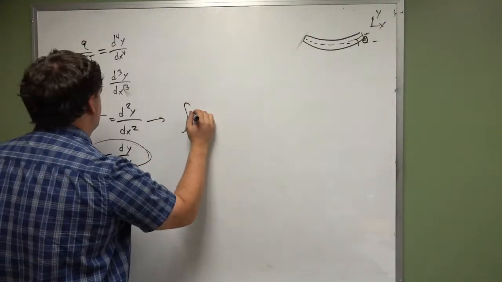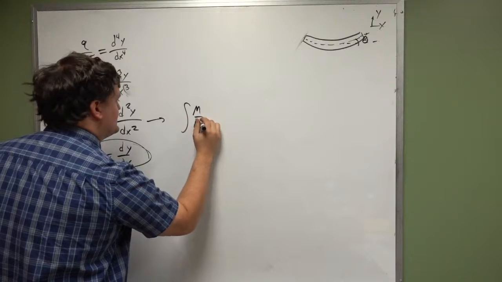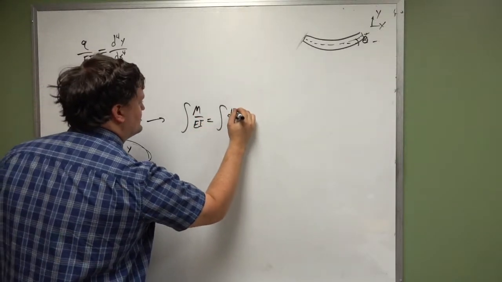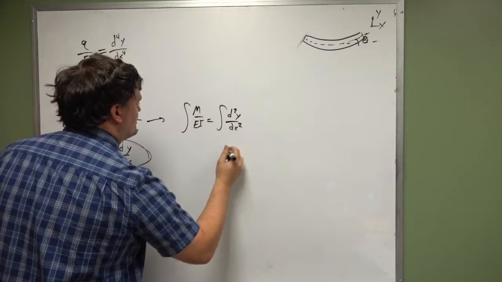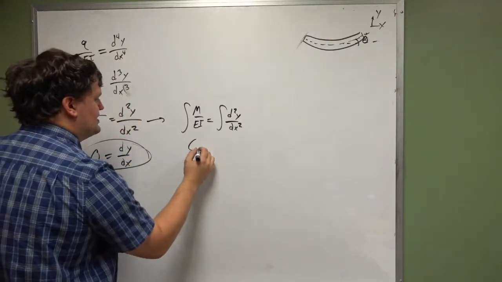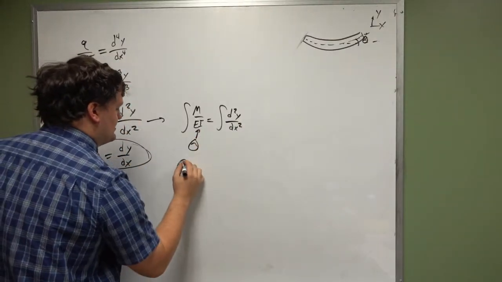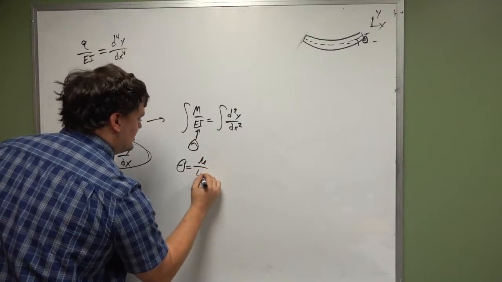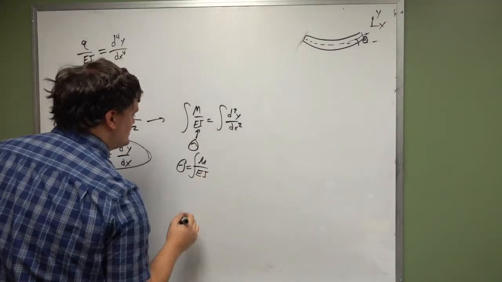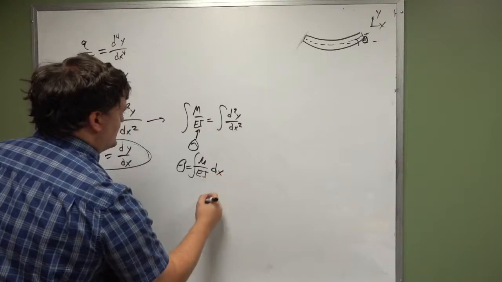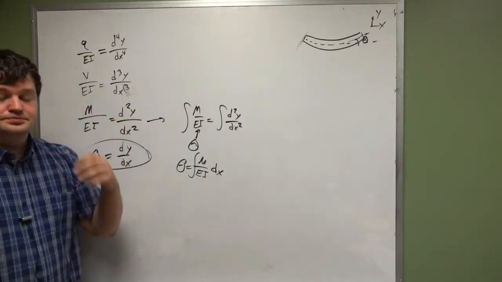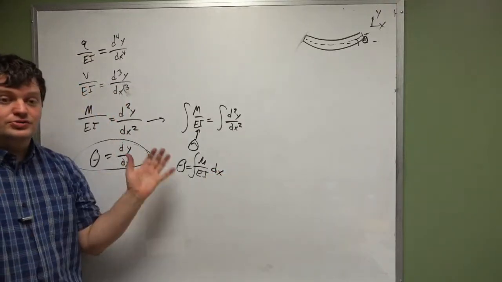So if I take the integral of M over EI, that is equal to the integral of d squared y over dx squared. You take the integral of both sides. This ends up being theta. So theta is equal to the integral of M over EI with respect to x. Okay, gross.